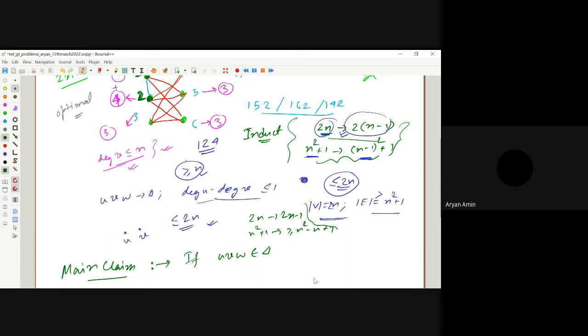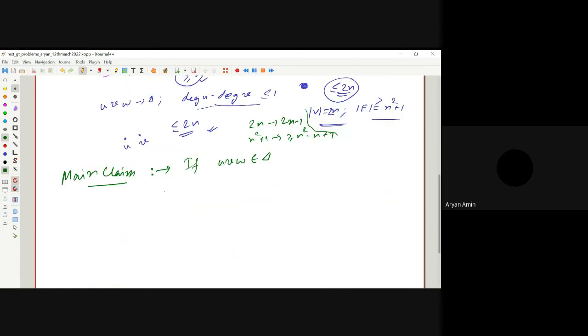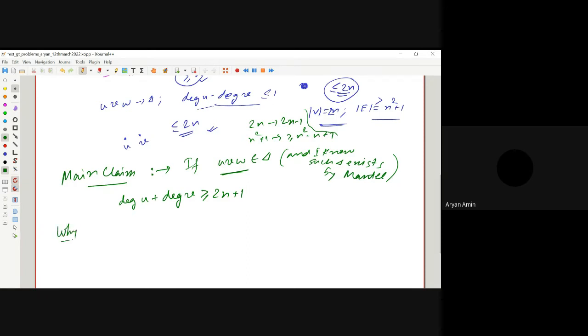So suppose basically the claim from here is: if UVW is a triangle, and I know that such a triangle exists by Mantel, right? Because you have an extra edge than what Mantel tells you can have. So if UVW is a triangle, then degree U plus degree V is at least 2n plus 1. Why is this true?